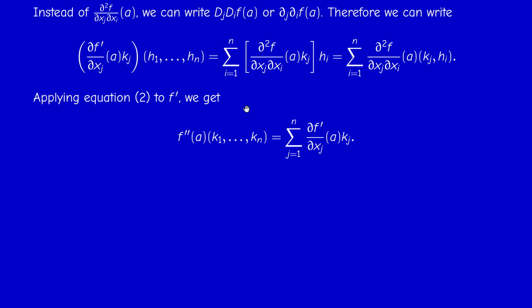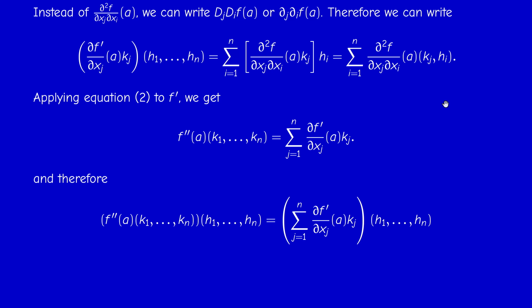So now I apply the vector h1 to hn; both these terms are linear maps, so they act on the vector h1 to hn. So when I apply them at h1 to hn, I get this.